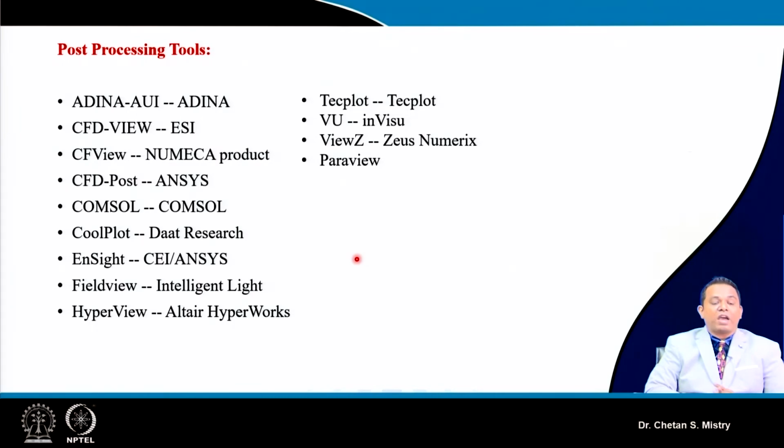For post-processing we have different software available, say ADINA, CFD-View, CFD-Post, COMSOL, maybe CoolPost, Ensight, FieldView, HyperView, Tecplot, VTK, maybe ParaView. All these are commercially or freeware available for doing post-processing. Doing post-processing is also a skill.